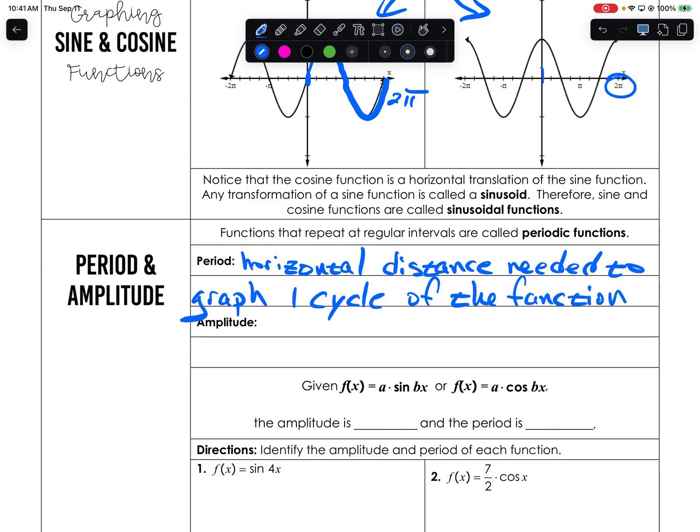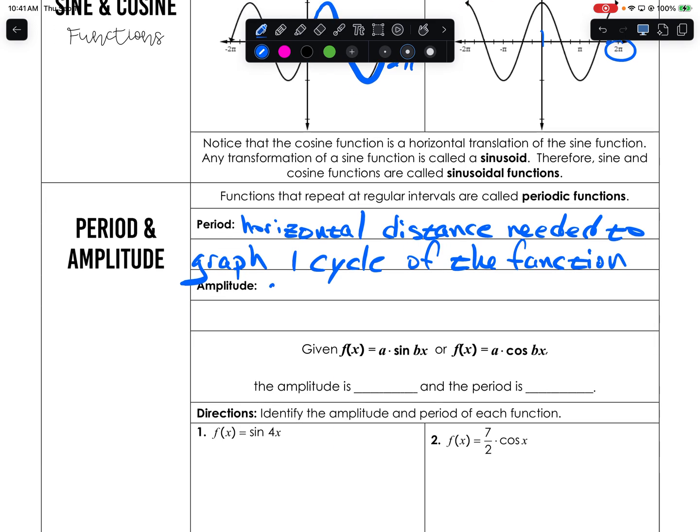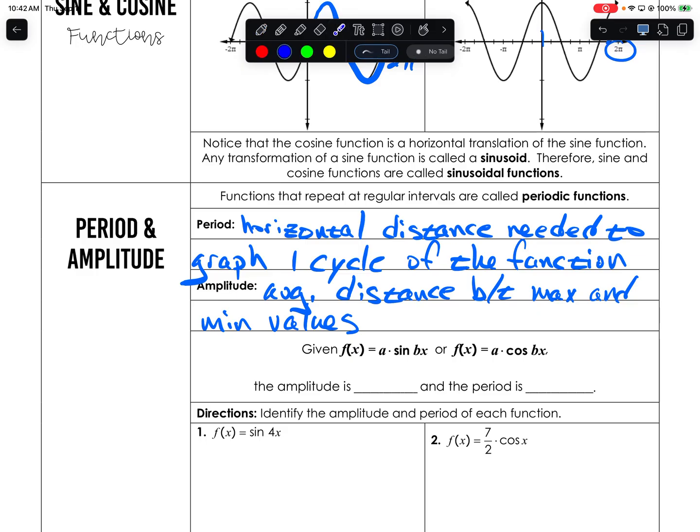The amplitude is the average distance between the max and min values. Okay. Give you a chance to write that down.